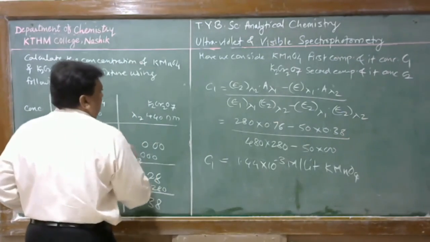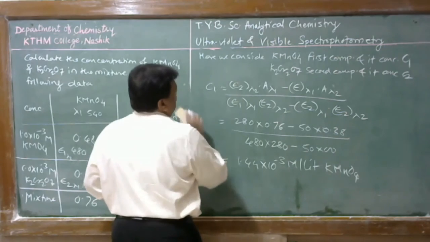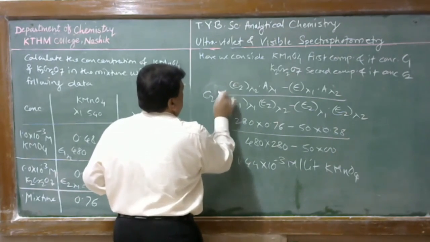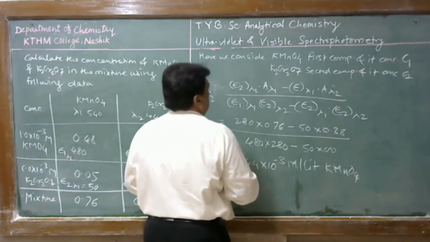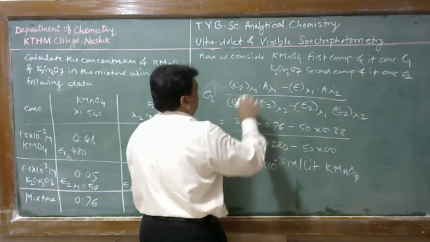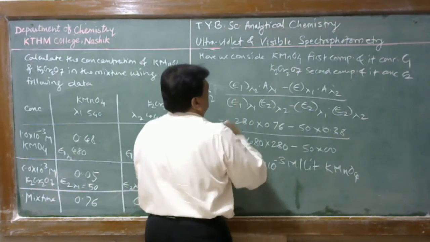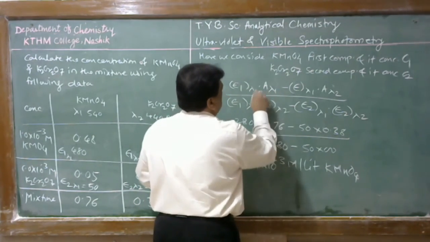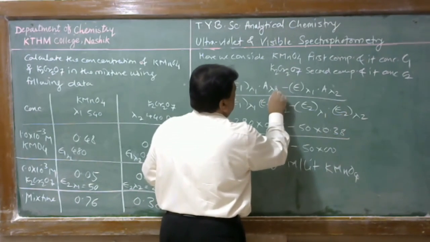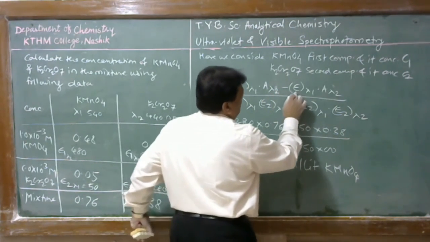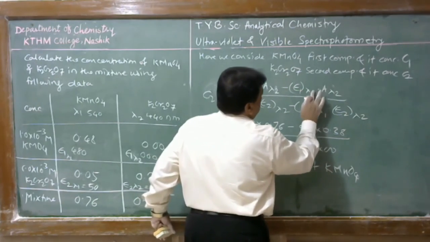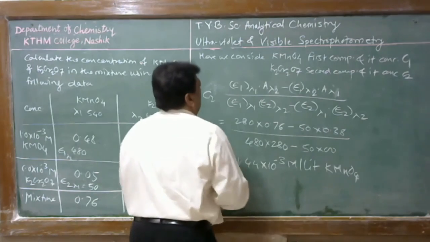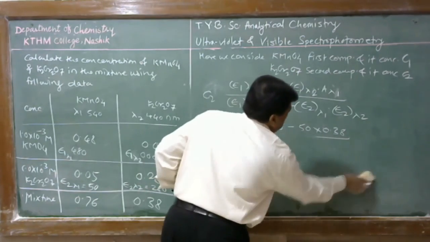Similarly, we can find out C2, the concentration of the second component. For C2, it is epsilon 1 at lambda 1 into absorbance at the second wavelength minus epsilon 1 at lambda 2 into absorbance at the first wavelength, and all other terms are the same.